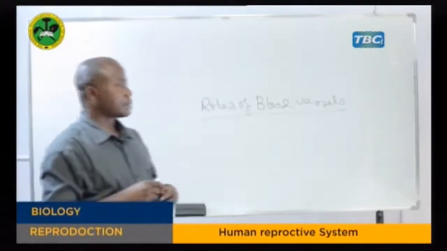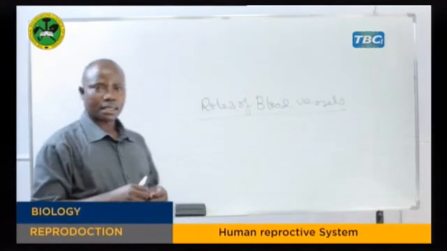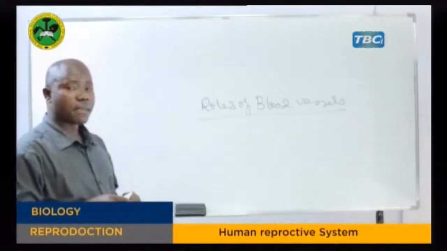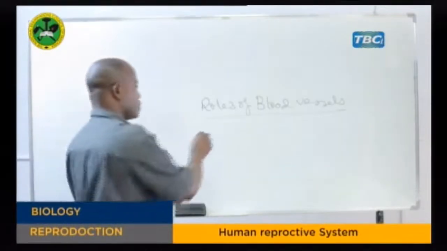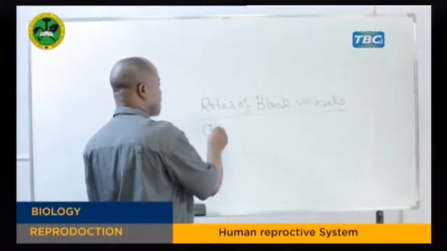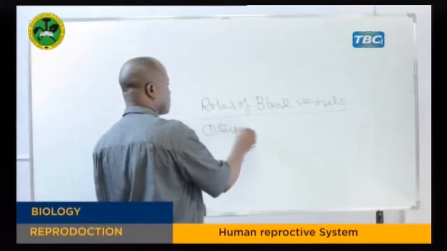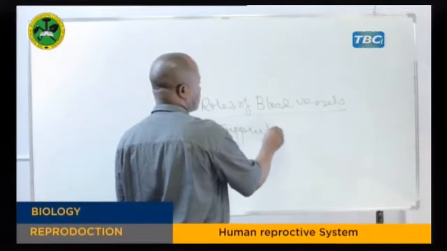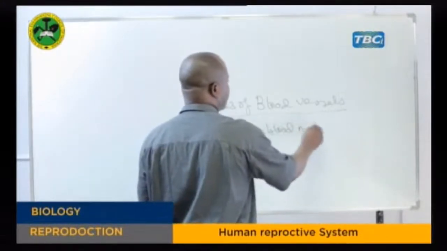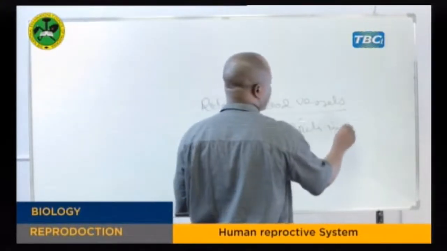The blood vessels present in the testis have three main functions. One is to supply blood rich in oxygen.